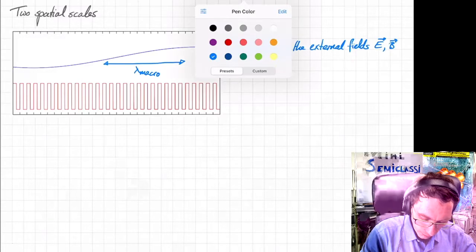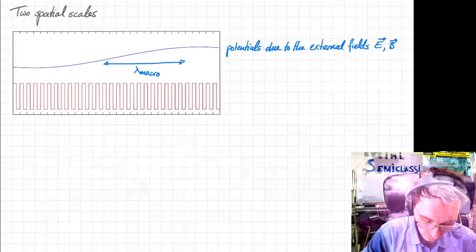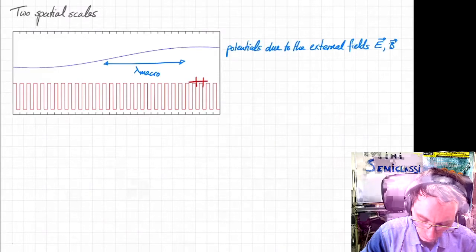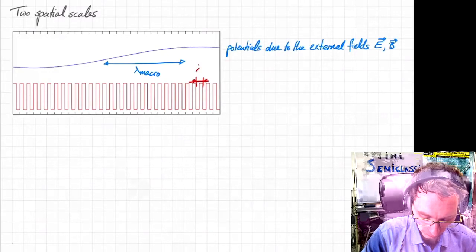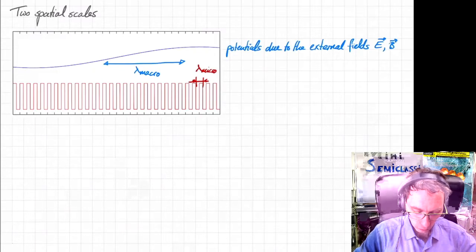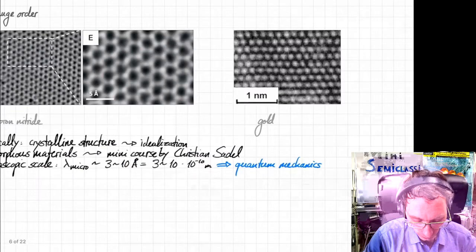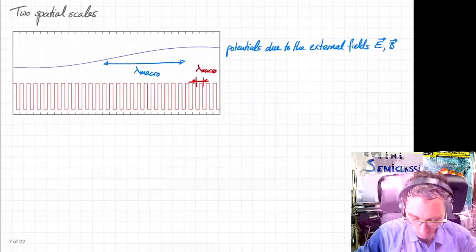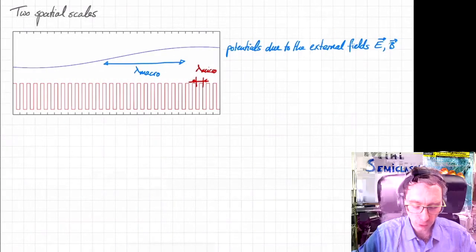And then the other scale that you're looking at here, let's grab one period. This is the microscopic scale. And we already saw that the microscopic scale varies on the order of a few angstroms. And this here, if you think of an experiment, like I said, the fields will vary on a much, much, much larger scale.